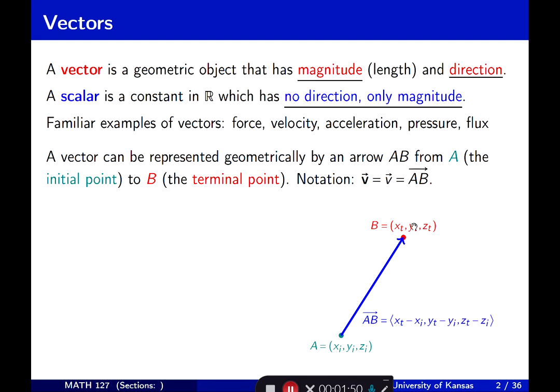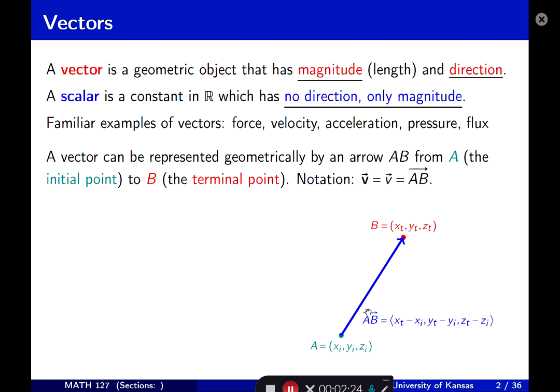Let's say A has coordinates x_i, y_i, z_i for the initial point, and B has coordinates x_t, y_t, z_t. Then AB with the arrow on top is just x terminal minus x initial, y terminal minus y initial, z terminal minus z initial.